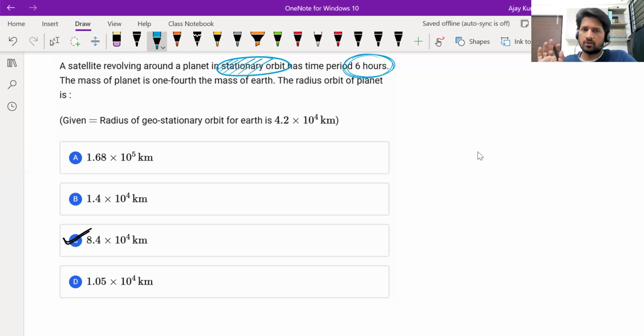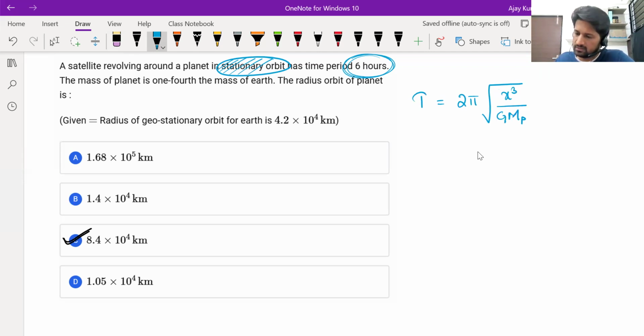What is the radius of the orbit? How are time period, mass of planet and radius related? Direct time period formula: time period is 2 pi root x cube divided by GM, where M is the mass of the planet, x is the radius of orbit.